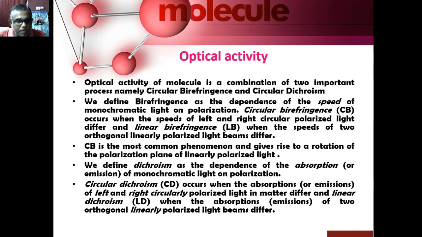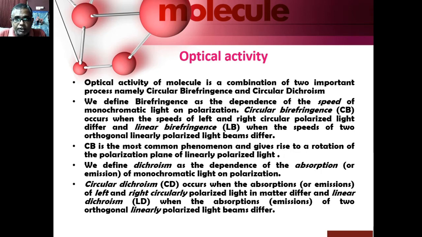If the medium is enriched with atoms and molecules, then the velocity of the light will be restricted. Now this leads to a polarization. What is circular birefringence? Circular birefringence occurs when the speed of left and right circularly polarized light differ. We will look into what circularly polarized light is in a short while.